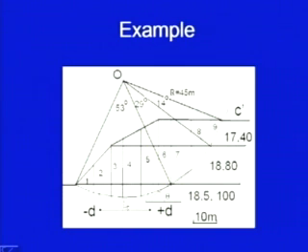When we take up the moments, you see the lever arm is shown here. This is the center of the circle, and you can see these slices 4, 5, 6, 7, 8, 9.